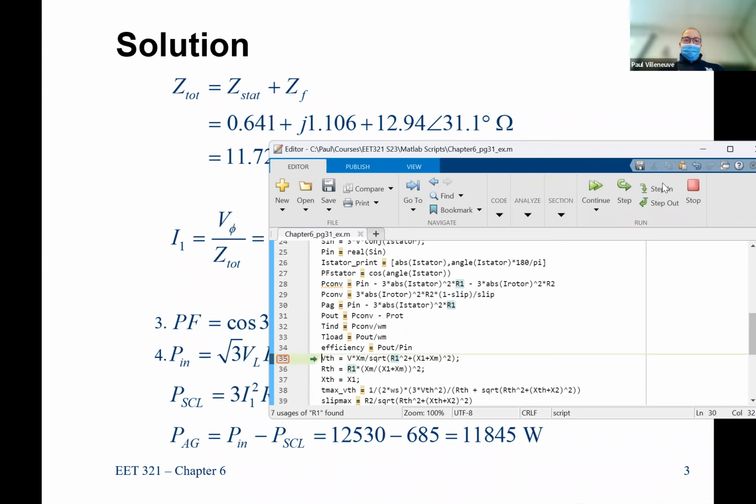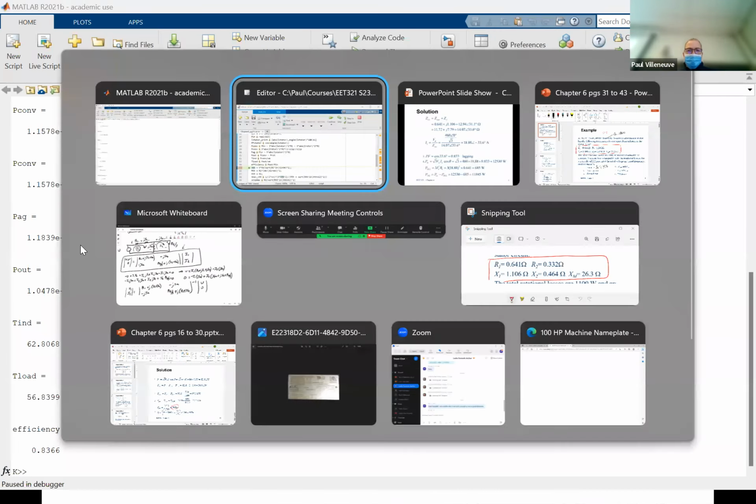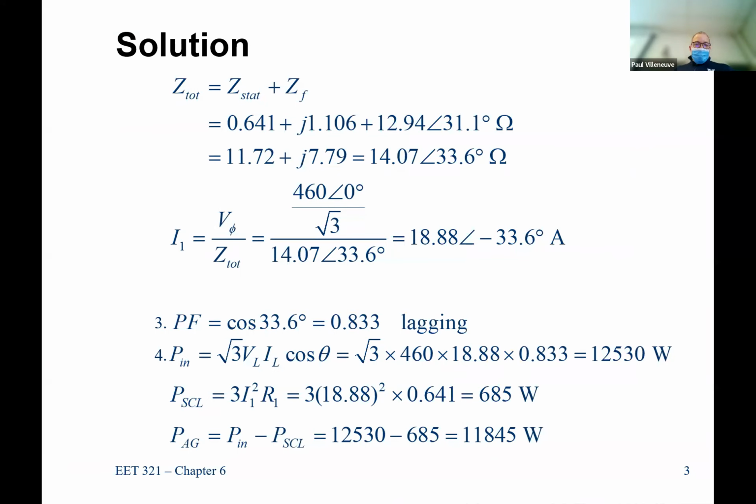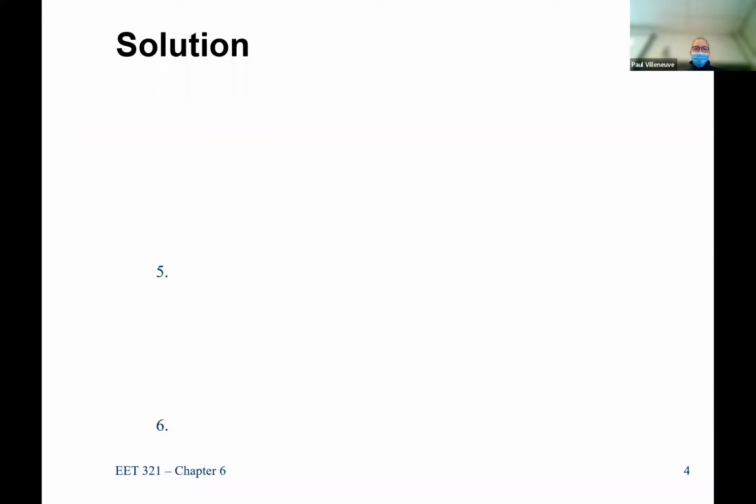We'll get it right at some point. So 11,845 versus 11,839. Again, it's off by 6 when you're comparing almost 12,000 watts. So pretty good. Okay, so that looks like it's the right value.